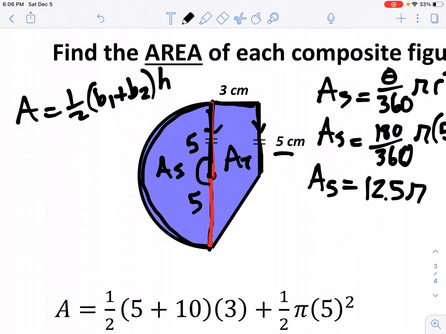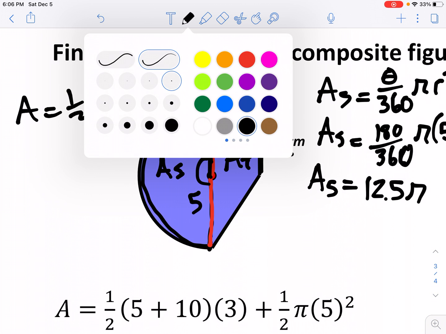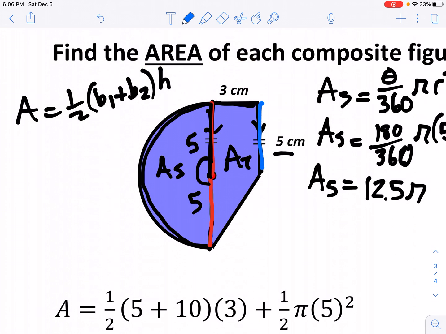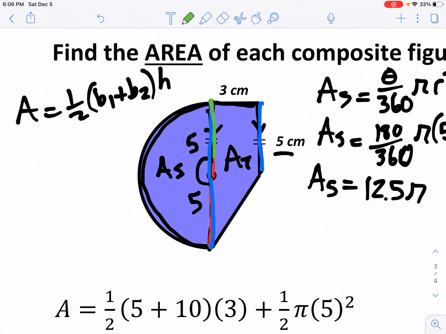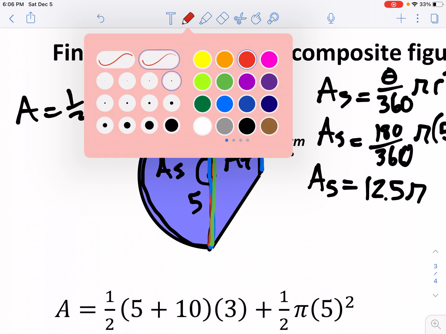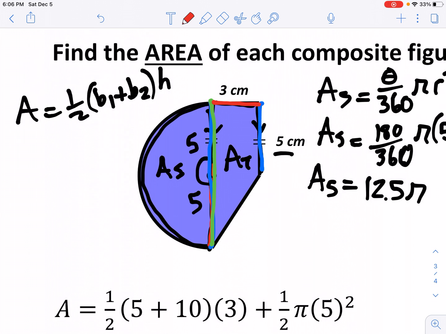Well, in our case, we know that our base 1 is 5, and our base 2, notice, is made up of our radii here, 5 and 5, makes 10, okay? So this total length is 10. So I know base 1 is 5, base 2 is 10. What's the height? Well, our height is given to us over here, which is 3.